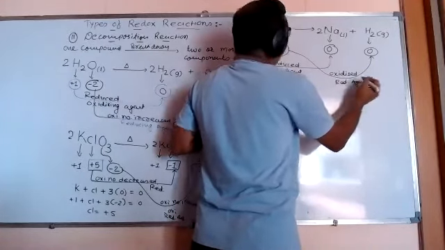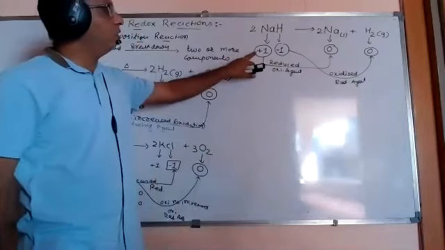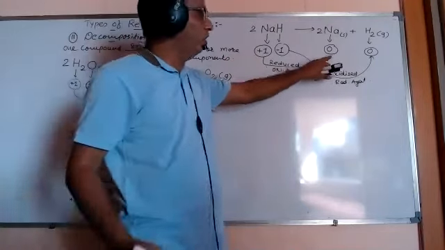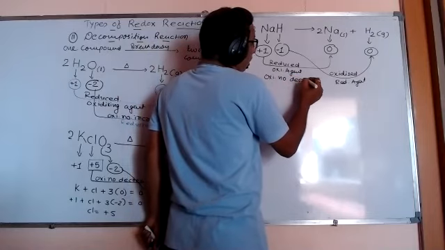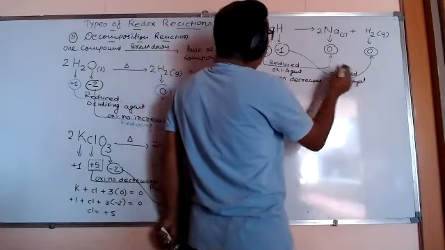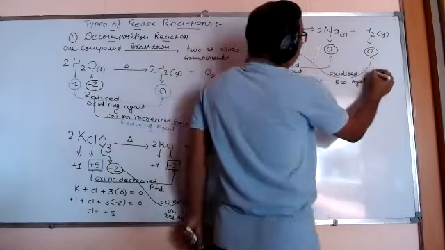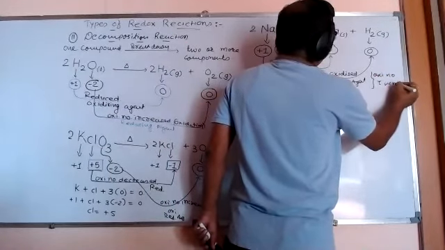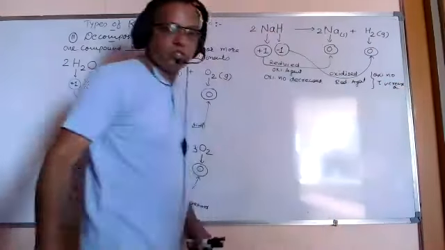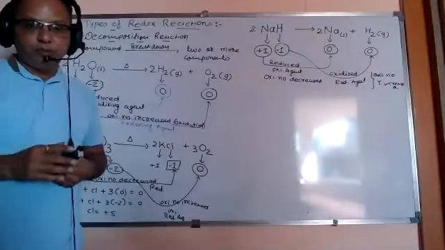If you think about it, the oxidation number is decreased here. So you can write oxidation number decreased, and here you can say -1 to 0, its oxidation number increased. So this is called the decomposition reaction.